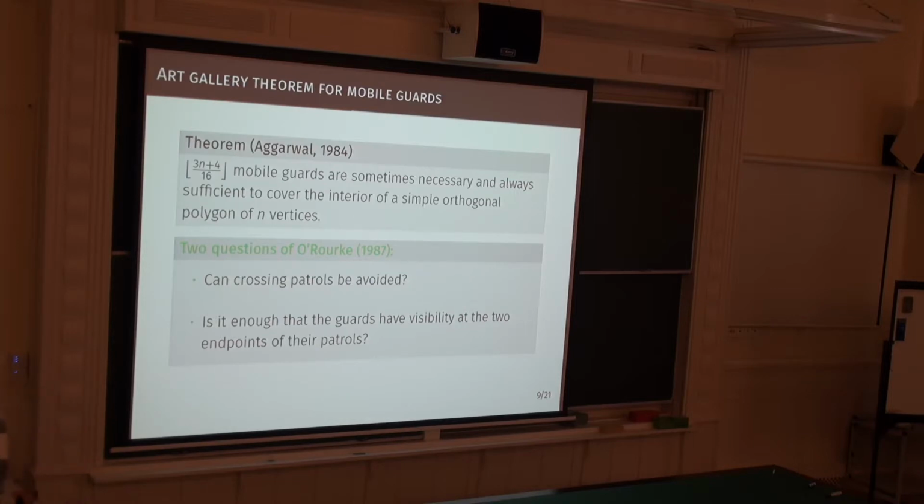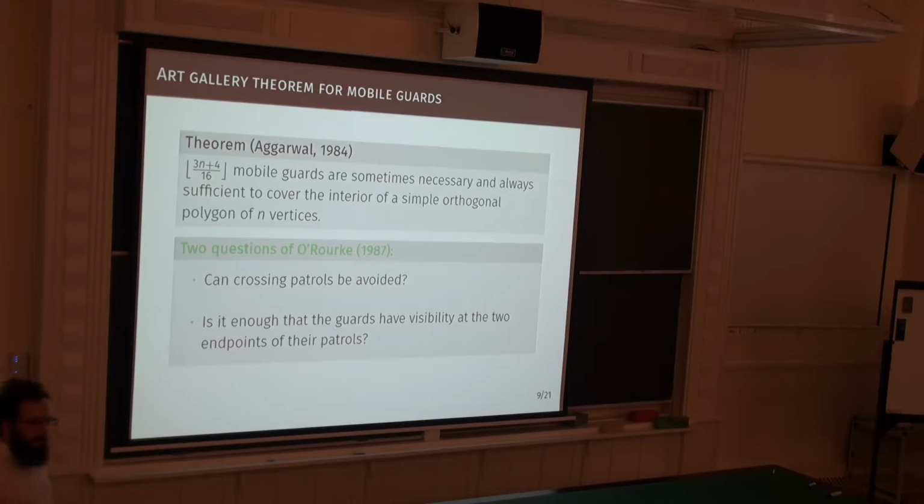One of them is that Aggarwal's proof does not guarantee that the patrols of the guards are non-crossing. And secondly, it requires vision throughout the patrol of the line of the mobile guard, not just at the endpoints.